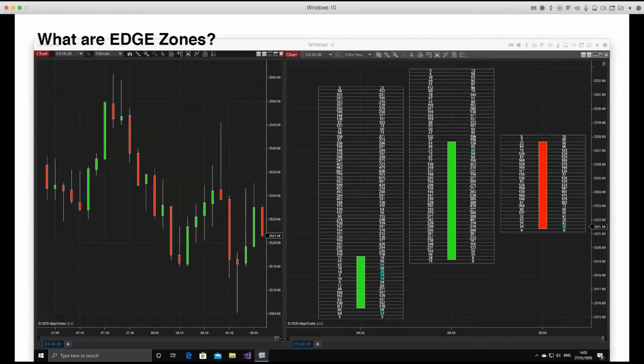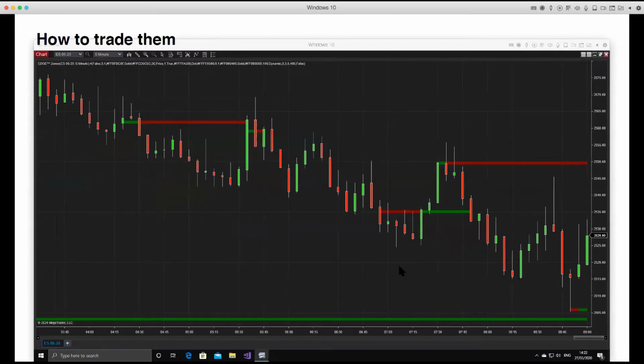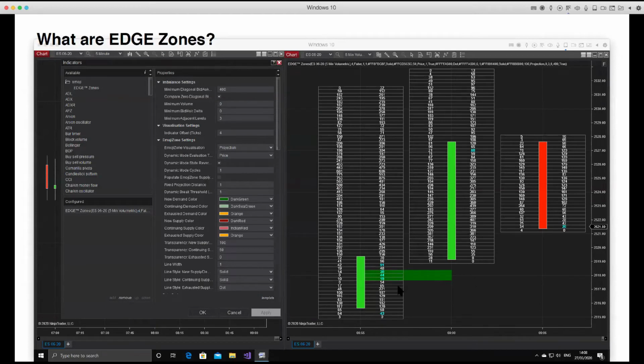So what Edge Zones does as a tool is it makes it easier to set up conditions in order to highlight when we have got aggression in market orders.